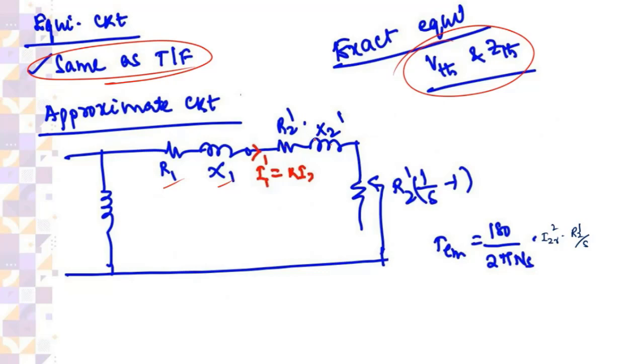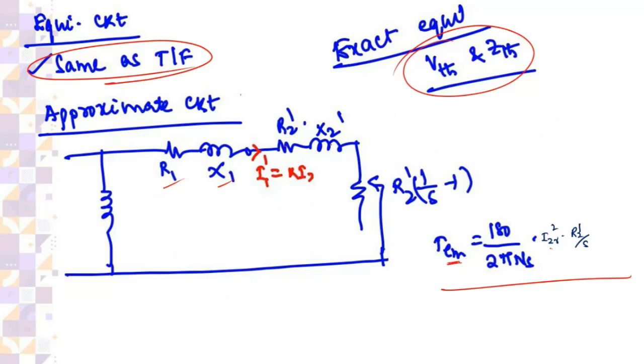That's it. They'll ask you to calculate the electromagnetic torque at full load, at starting, at different load conditions. So you need to substitute. If they are asking for full load current, you need to substitute.